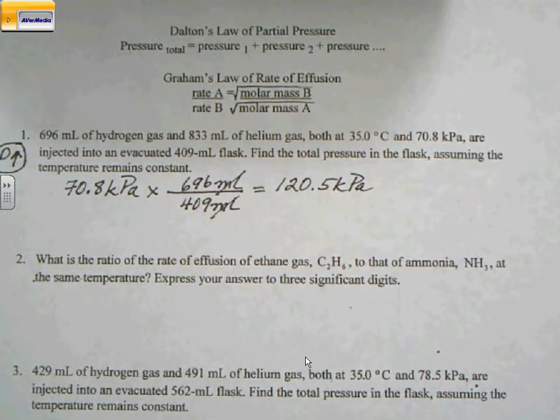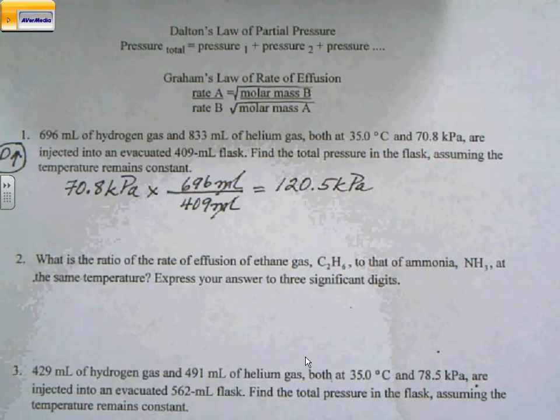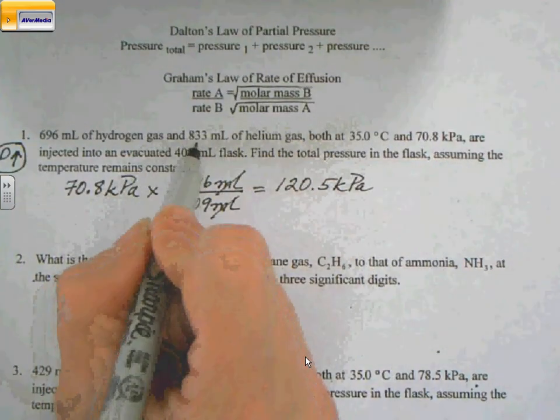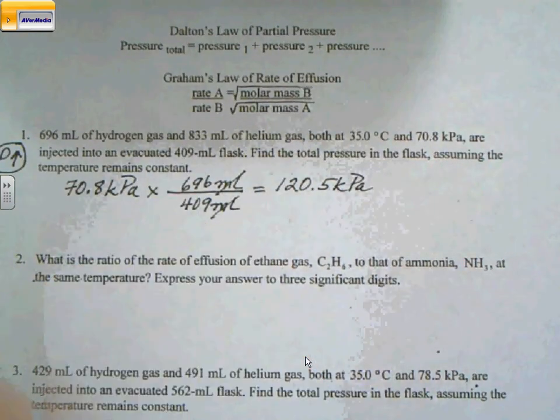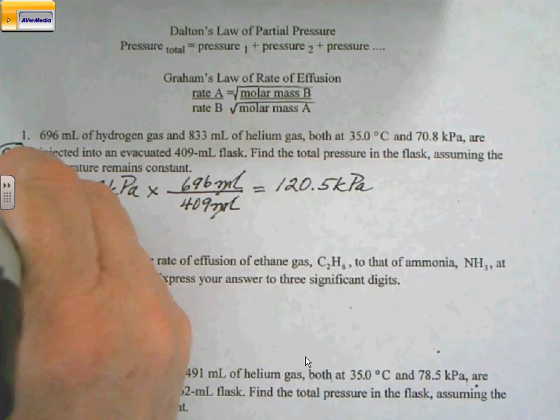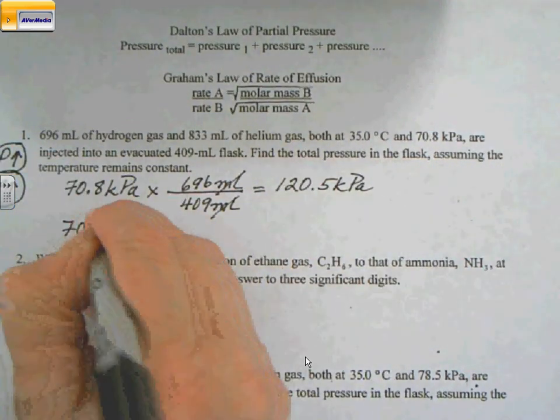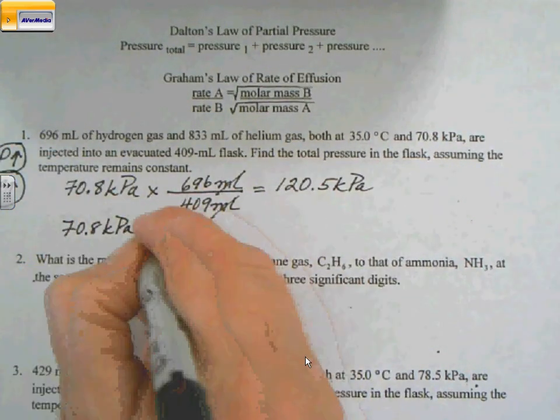The second gas, helium, went from 833 to 409. So the volume went down with that one again, which means the pressure needs to go up once again. So we're going to start with 70.8. We're going to set up our ratio to make that pressure go up.